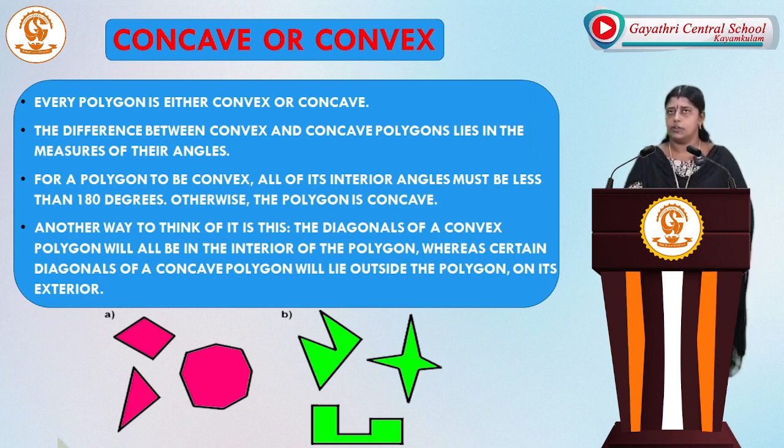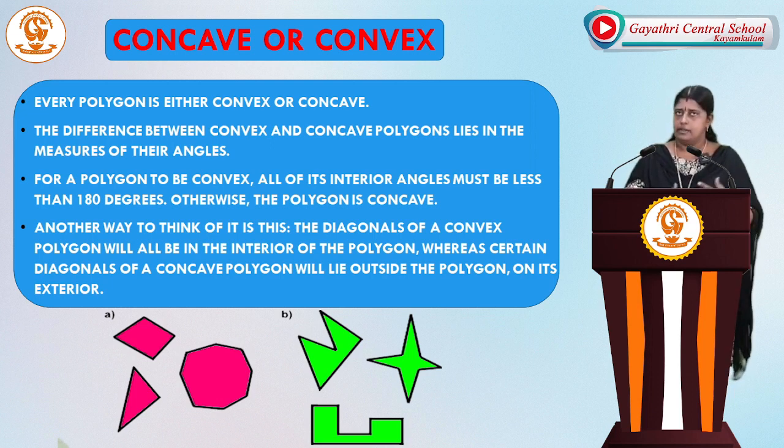Another way to think of it is the diagonals. The diagonals of a convex polygon should be in the interior of the polygon, whereas certain diagonals of a concave polygon lie outside the polygon.